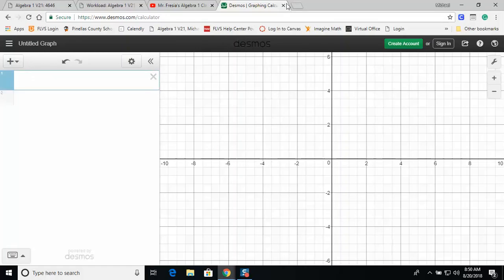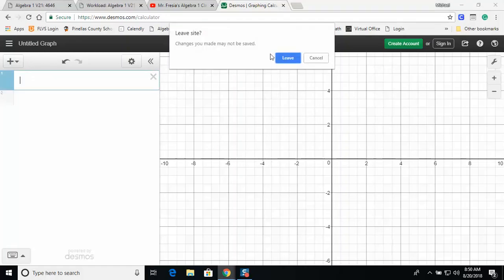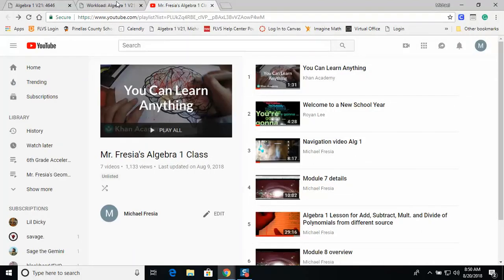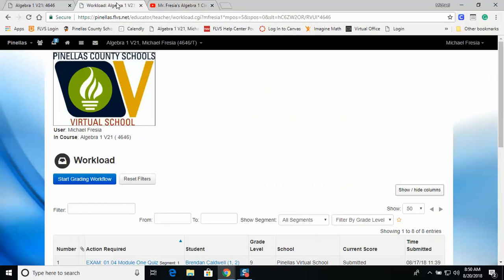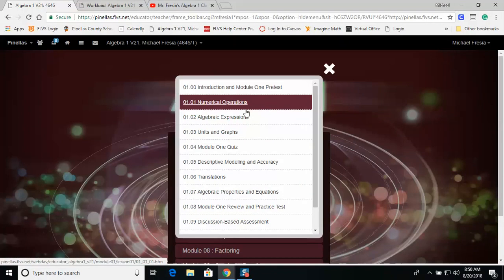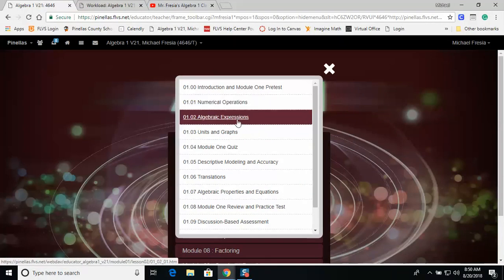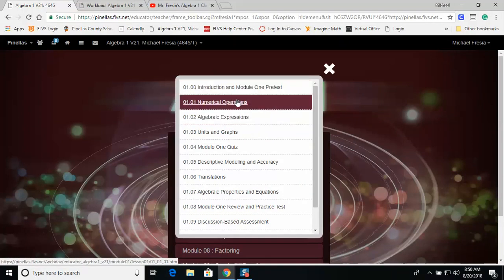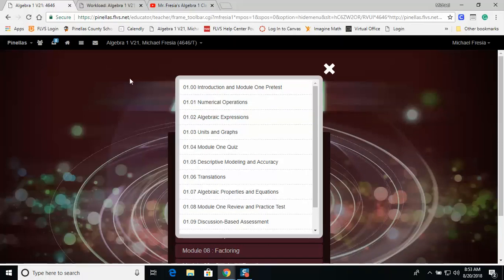Okie dokie. Some other important parts: paying attention to the vocab. This is when the vocab starts, and it's going to continue throughout the entire module, or this whole course. So make sure you're paying attention to the vocab you're learning.